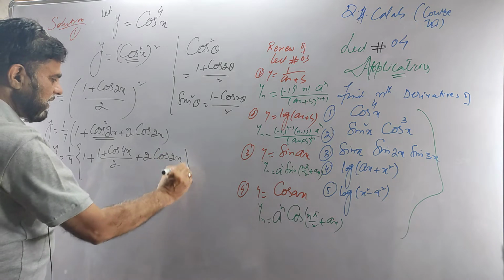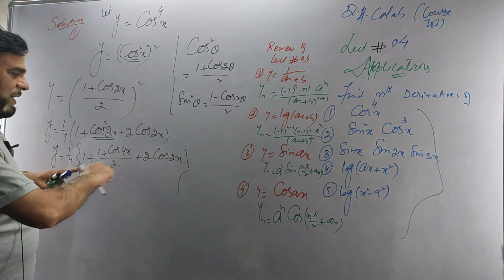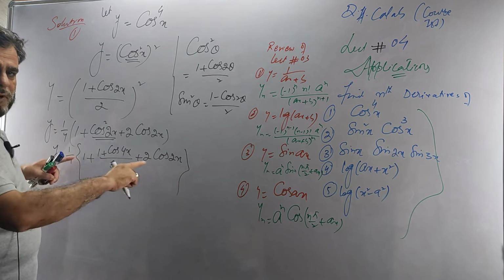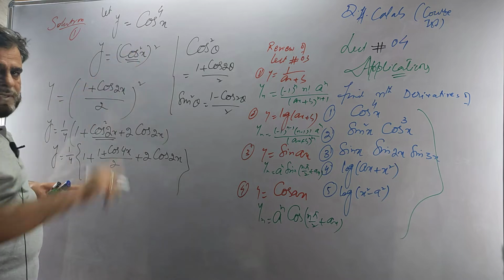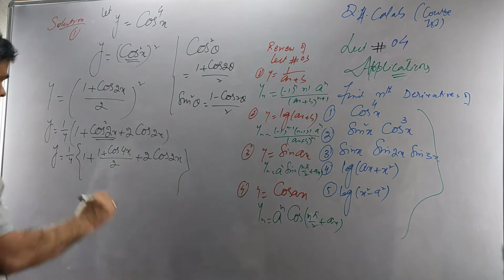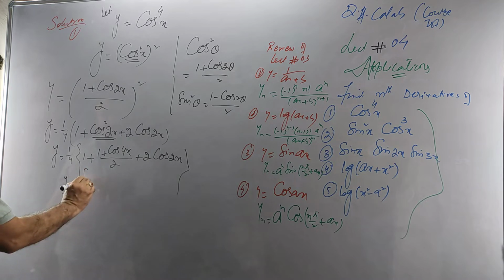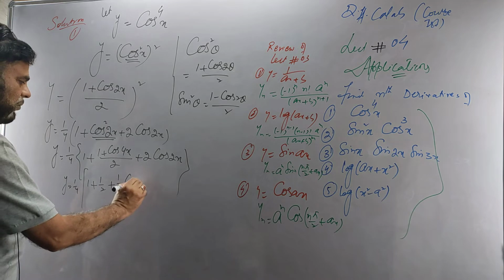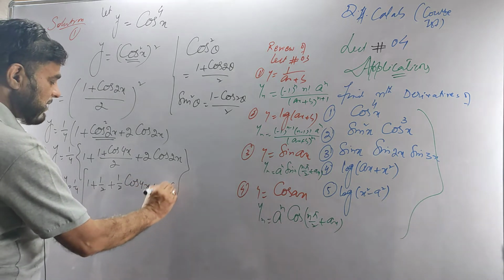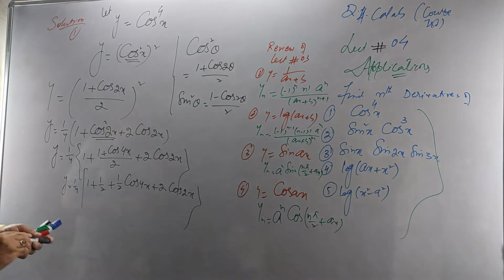Now we have expressed cos 4x in terms of cos to the linear power. We got rid of the extra power. Now I can write y is equal to 1 by 4 times 1 plus 1 by 2, plus 1 by 2 cos 4x, plus twice cos 2x. Now I am in a position to write the nth derivative of this.